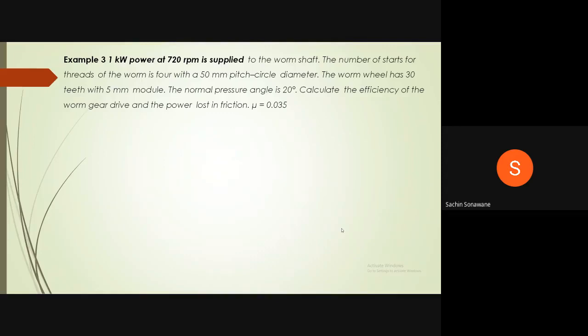Take coefficient of friction mu equal to 0.035. Please write down. I will wait for 2 minutes. Write down the problem.